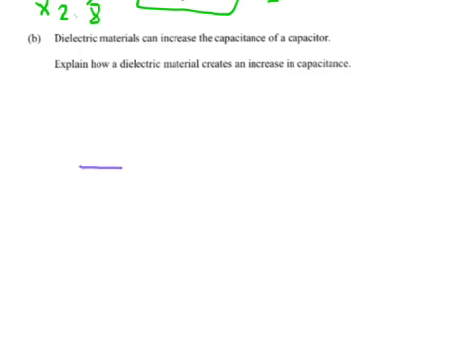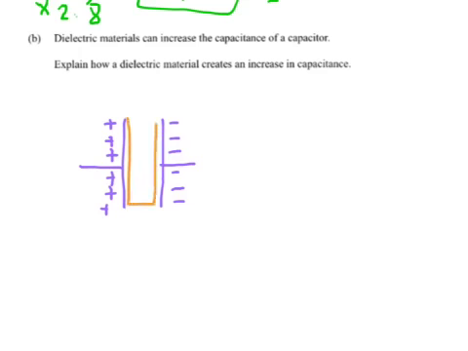So if you remember, you've got a capacitor, and when you charge it up, you have charge stored on the plates, one negative, one positive, plate that is, and then we stick a dielectric material inside of it.